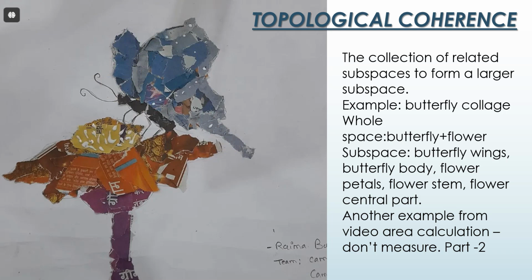So our eyes think of one space as different from another according to some certain property. For example, here the property is that this subspace of the butterfly's wings is made up of even smaller subspaces of different shades of blue colored pieces of paper stuck on the wings. So this subspace and these small pieces of paper are related by the property color, the blue color of the wings of the butterfly.